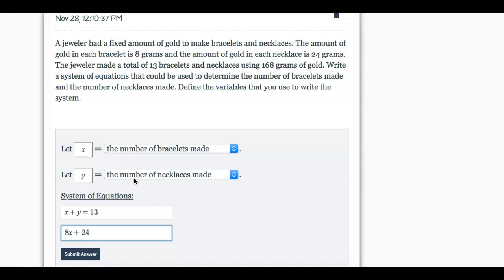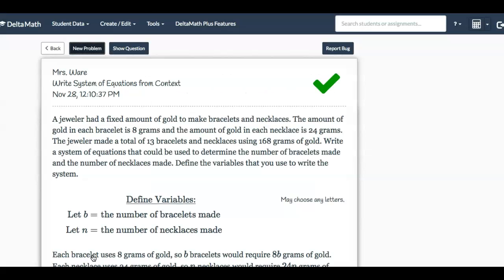So I have to take 24 times Y. Like if Y is 2, then I got to take 24 times 2 to figure out how much gold I need for that. If I make 10, then I got to take 24 times 10. Then equals, and it said 168. So 168. So I'm going to hit submit answer and click yes.